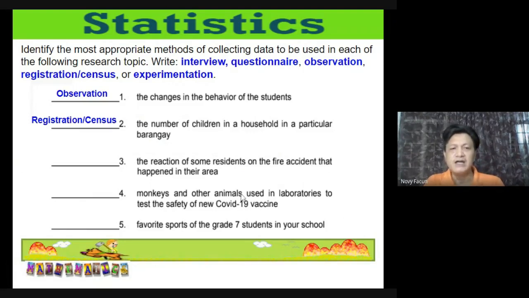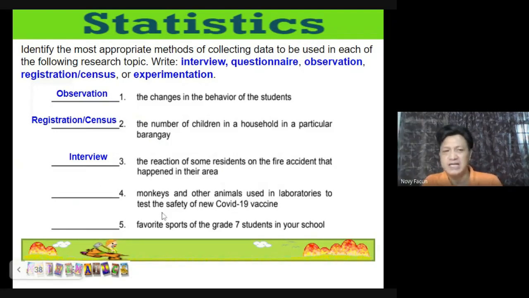Okay, next, number three, the reaction of some residents of the fire accident that happened in the area. Siyempre, paano makukuha yung gusto mong data doon sa area na yon. So, you are going to interview. Diba? So, paano malalaman yung reaction nila? Diba? Either nagulat sila, kung ano man yung feeling nila dyan.